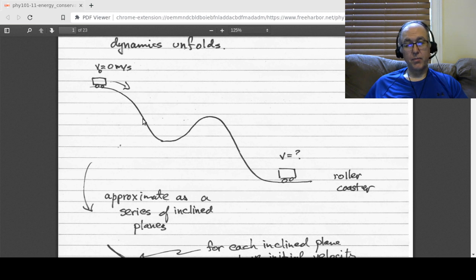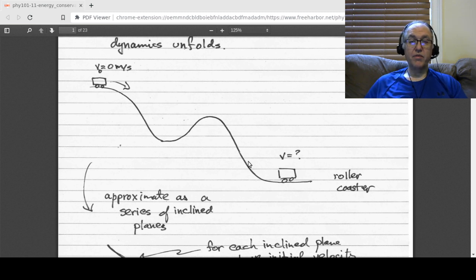When you're on a steep slope, there's going to be a lot more acceleration because the component of gravity tangential to the path is going to be bigger when it's steeper. So there's a little acceleration, then a lot, and then there's none. In here there's going to be deceleration, then no acceleration, and then a lot of acceleration there.